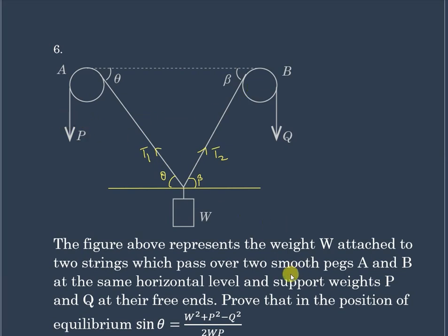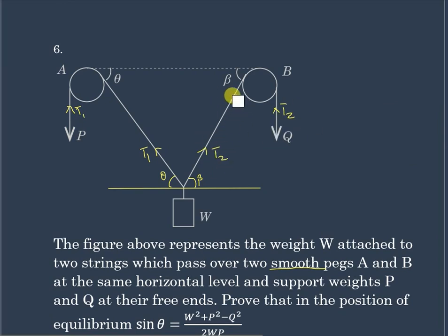They said that the pegs are smooth. If I have a smooth peg, the tension on the two sides of a smooth peg should be the same. So that means that this side also the tension is T2, and even this side the tension is T1. Why can we say that this one is T2 just like the way it is this side?